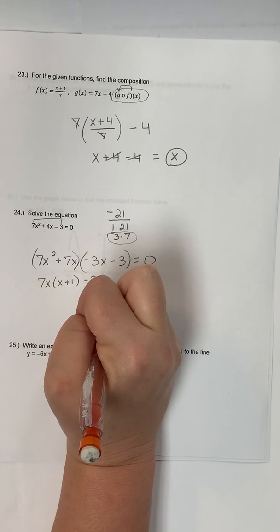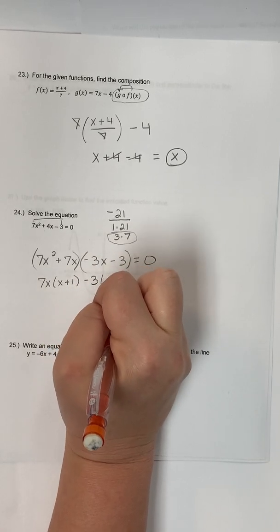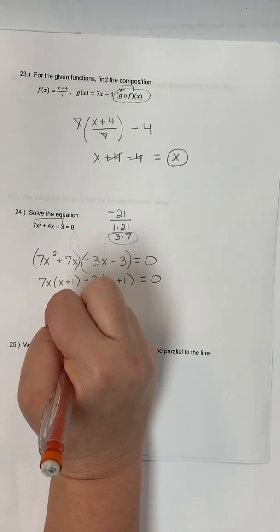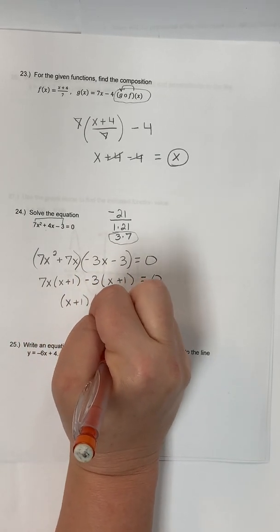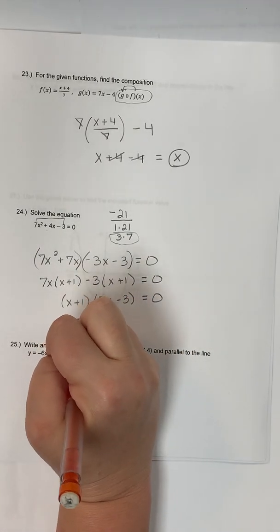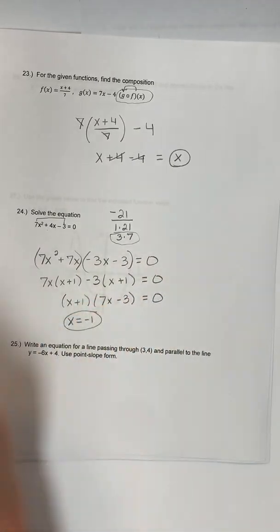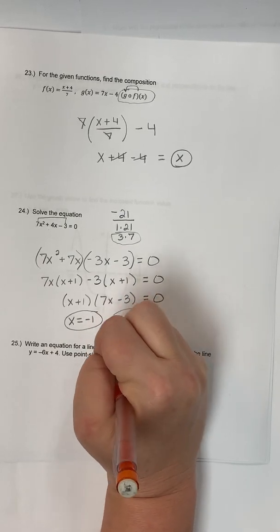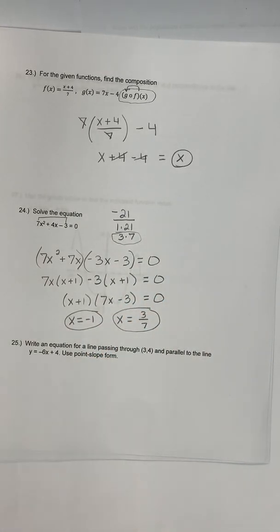Here I have a GCF of negative 3. Pull out my x plus 1 and write what's left in the other. And I'm going to solve. I get a negative 1 there. And I get a positive 3/7 there. And I solved it.